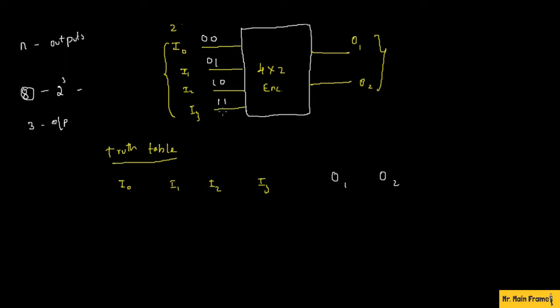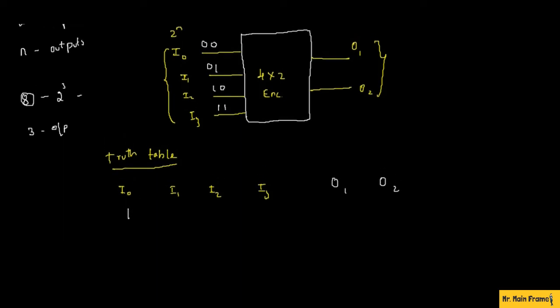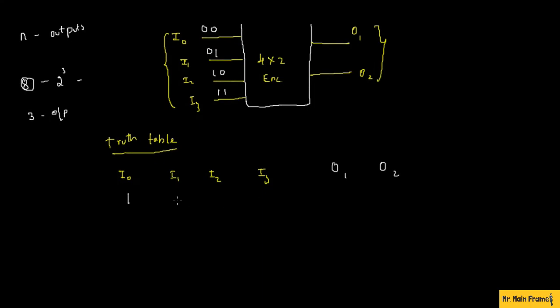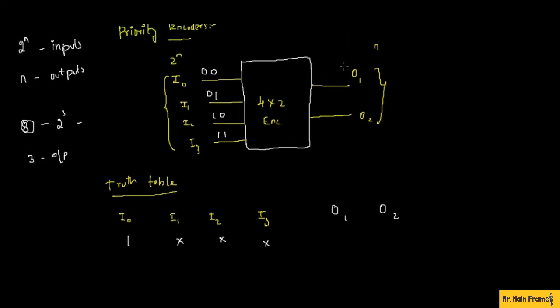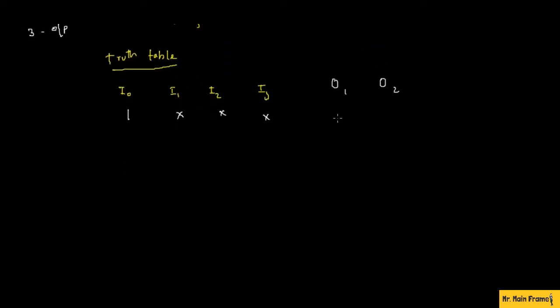So if you enable I naught to carry data, the rest of the other lines I1, I2 and I3 won't be carrying any data, so we can simply put don't care terms here, right? So I naught is carrying the data 0 0. The 0 0 will be carried to O1 and O2 like this, so you can put 0 0 in O1 and O2.